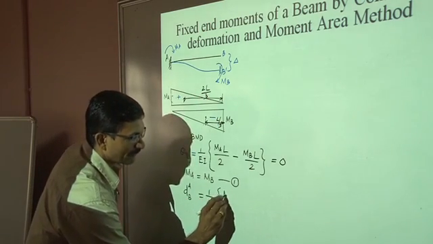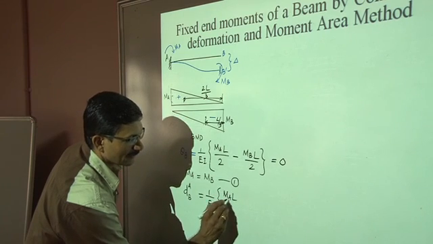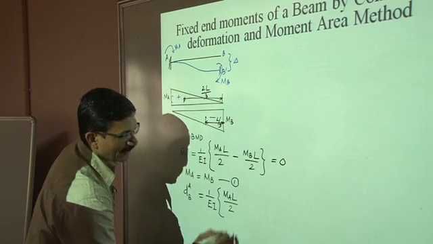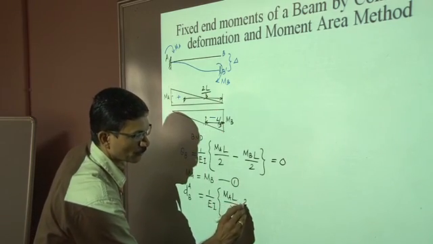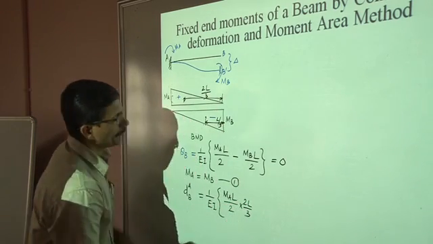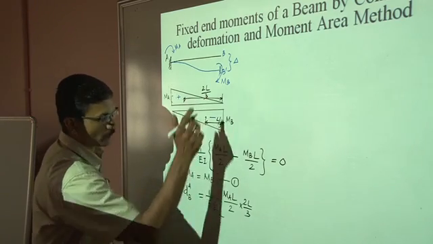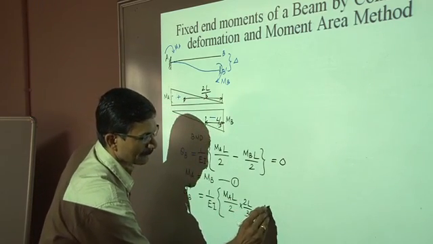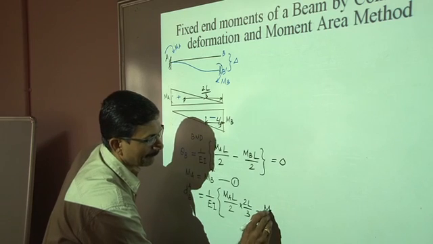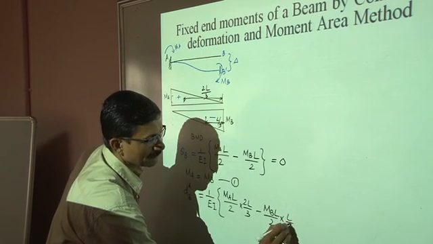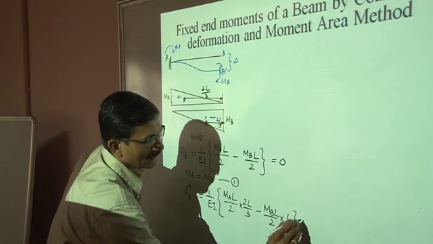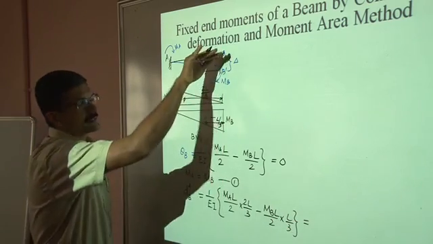So moment of MA into L divided by 2 with respect to this end would be into 2L by 3. Moment of this BMD about this end would be minus MB L divided by 2 into L by 3. And that is equal to delta downwards.